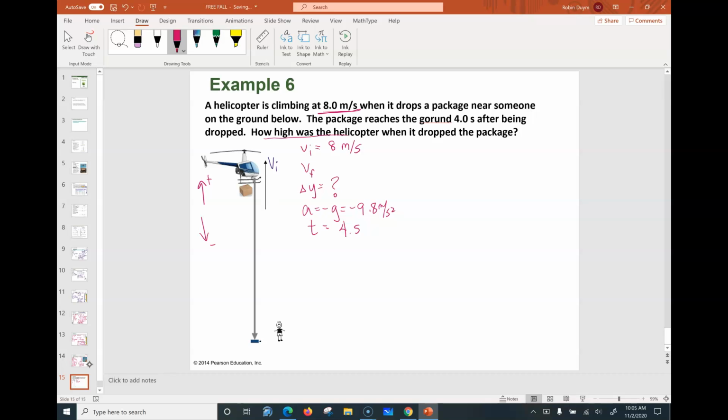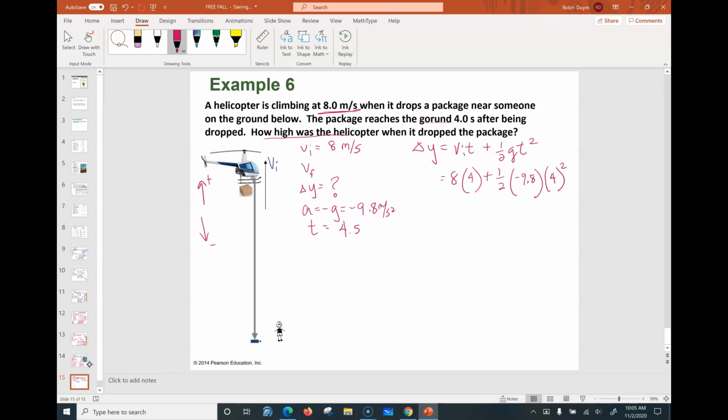So let's choose our equation. We're going to choose delta y, or displacement, is initial velocity times time plus 1/2 gt squared. So I put in an 8 times a 4 plus 1/2 negative 9.8 times 4 squared.